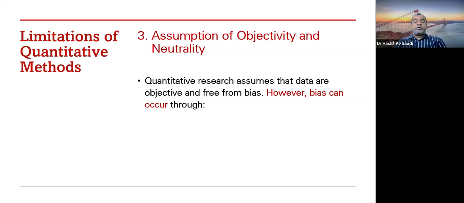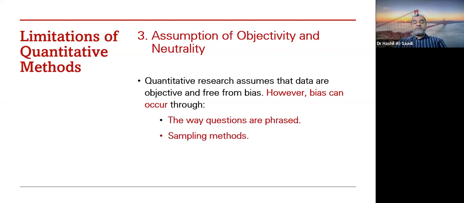It can occur through these ways: the way the questions are phrased, through your sampling methods, through your interpretation of the results. So you cannot really assume that it is 100% objective. The bias will always be there. You cannot ignore it. In qualitative research, for example, as we're going to see later, we have our own way to deal with bias.